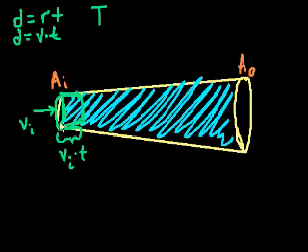So what is the volume of this cylinder of water? The volume in, over the t seconds, is equal to the area, the left-hand side of the cylinder. Let me draw the cylinder in a more vibrant color so you can see what we're trying to figure out the volume of.